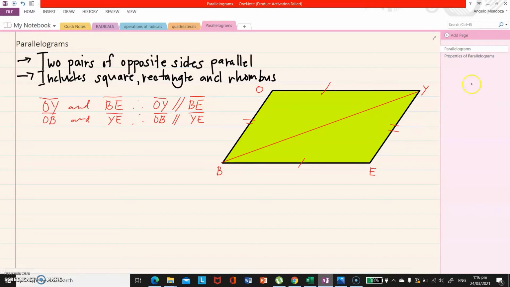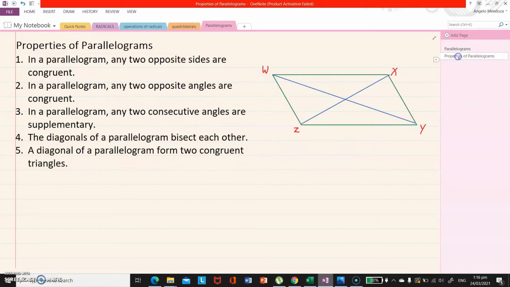Okay. Let us have now the properties of parallelograms. So, ito yung mga properties or yung mga conditions para ma-prove natin na yung figure na itong WXYZ is a parallelogram.